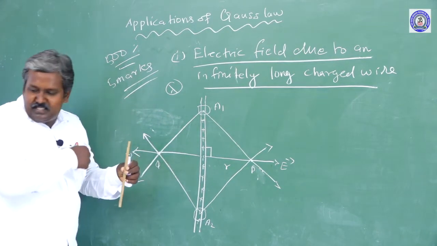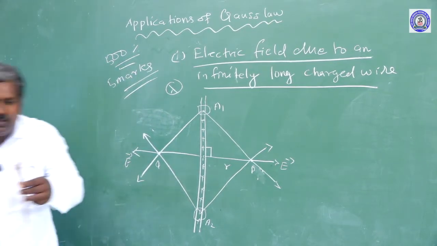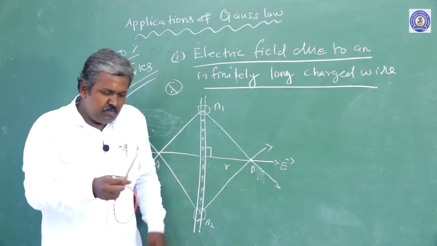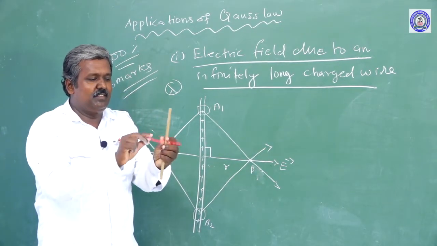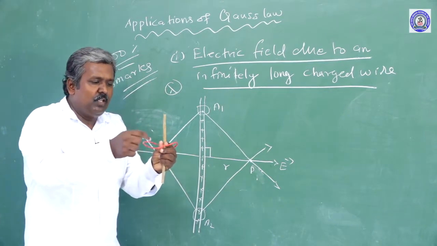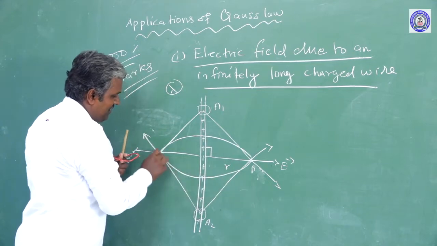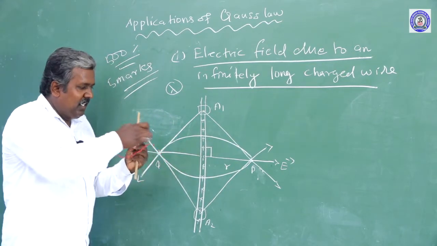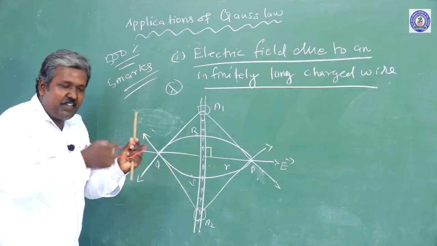Now it gives one circle like this. So at this point P, at this point Q, at this point R, at this point S, it will compulsorily be the same.